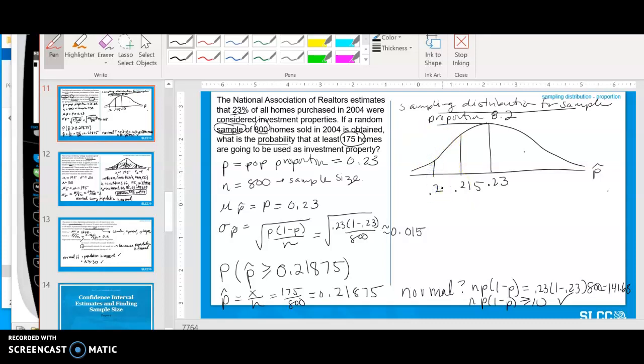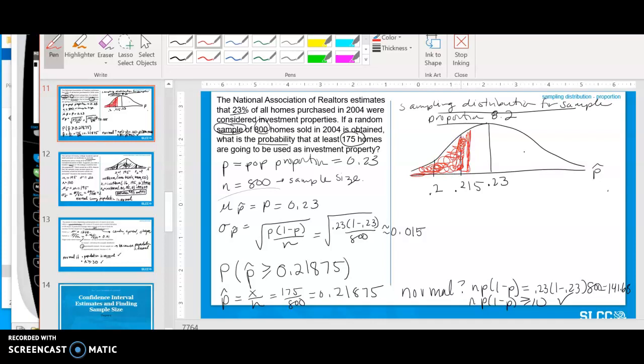So I went through standard deviation increments down so I can just kind of get a feel for it. But I want to know if it's less than 0.218. So 0.218 is like right there, somewhere between 0 and 1 standard deviations away.